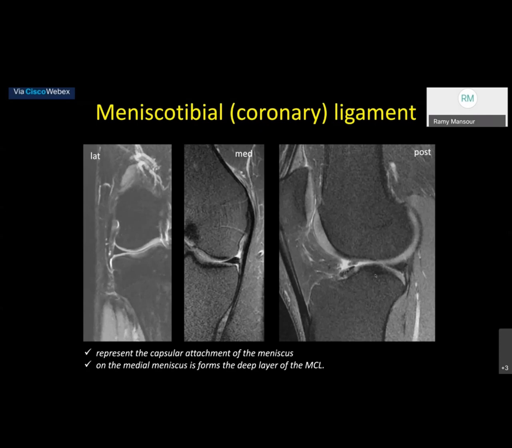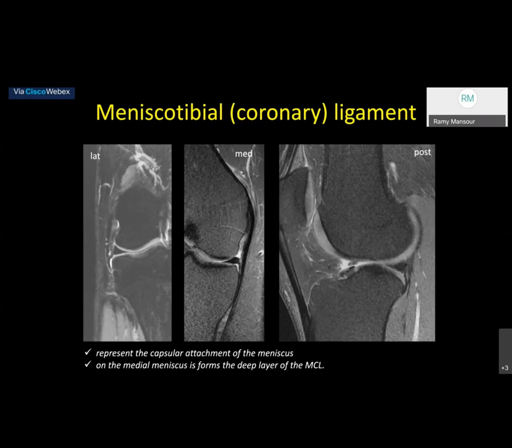You expect to see them on the lateral side as a short, thin ligament. You can also see them on the medial side and on the posterior side. The meniscotibial ligaments are short and thin, so they are not regularly seen in a normal MRI of the knee.